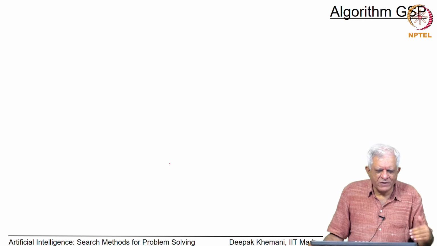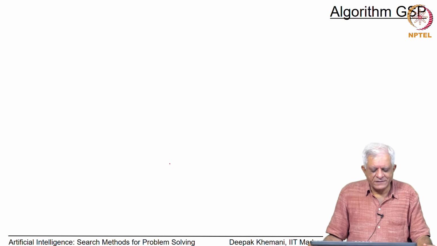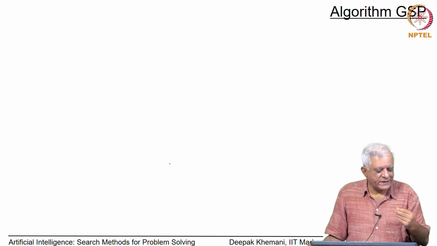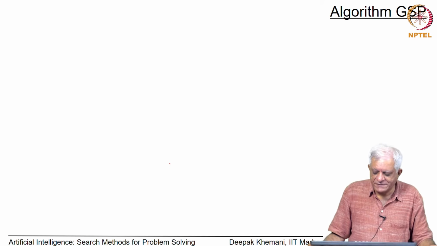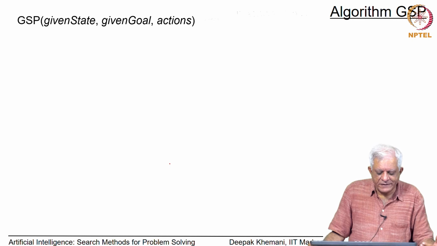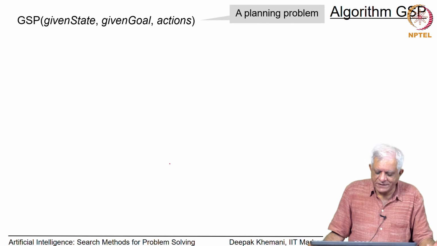So, let us quickly describe the algorithm in a little bit more detail, and then we will see a couple of examples as to how it works. The algorithm takes 3 arguments.